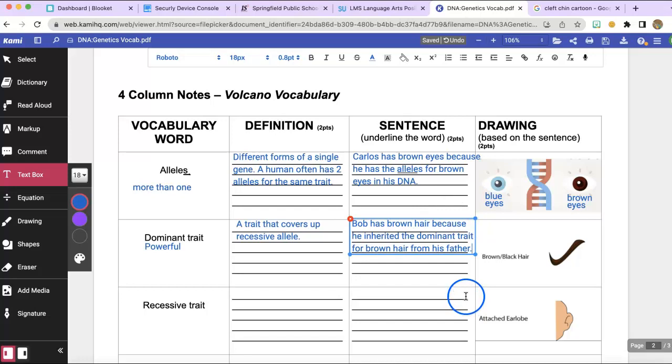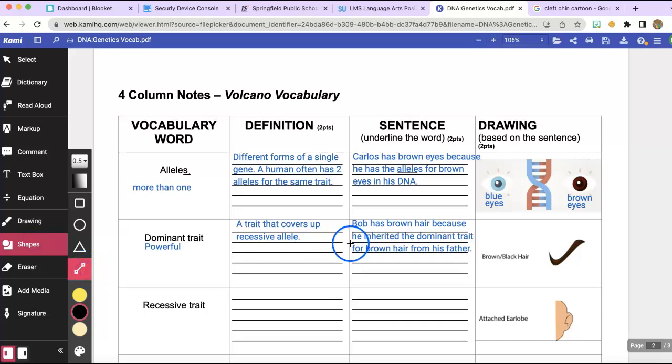Okay. Bob has brown hair because he inherited the dominant trait for brown hair from his father. Boom. What am I forgetting? I'm forgetting to underline. Take your pencil, go back and underline. Bam.